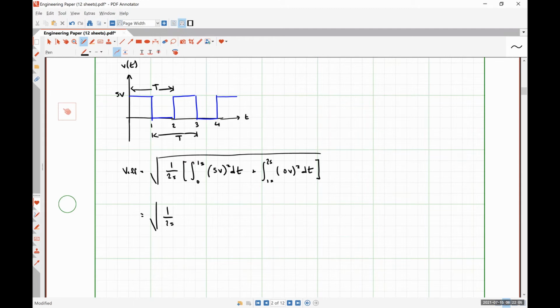So that's going to be 25 volts squared t evaluated at 1 second and 0 seconds when I do that integral, plus 0t evaluated at 2 seconds and 1 second when I do this integral.